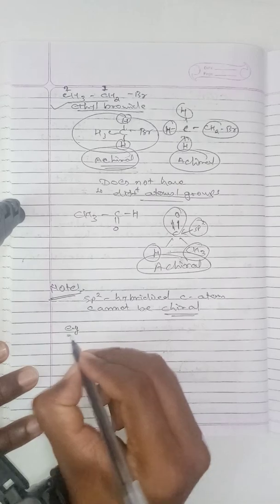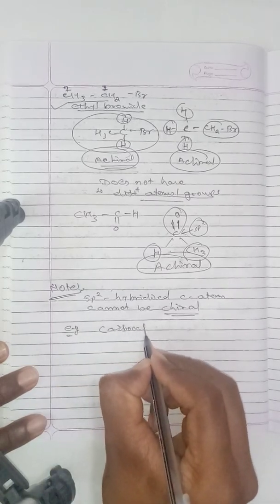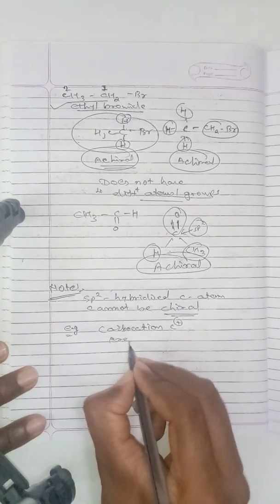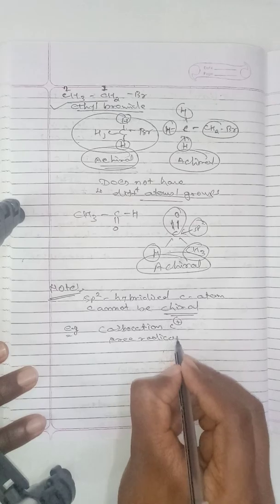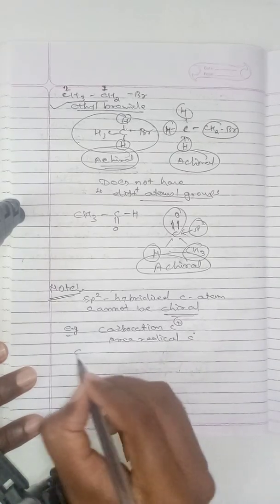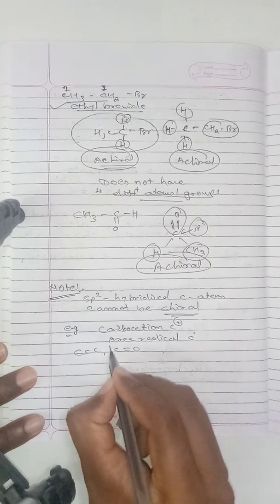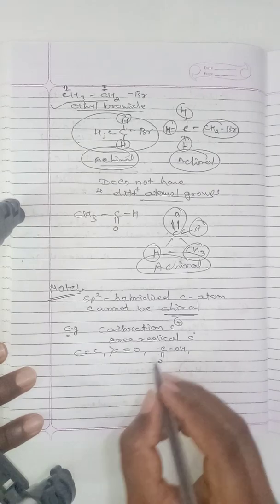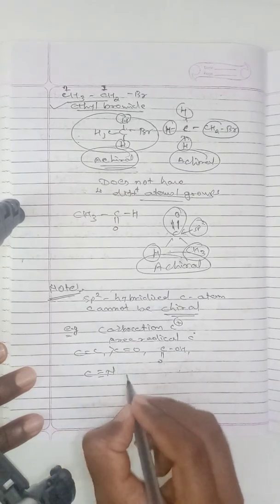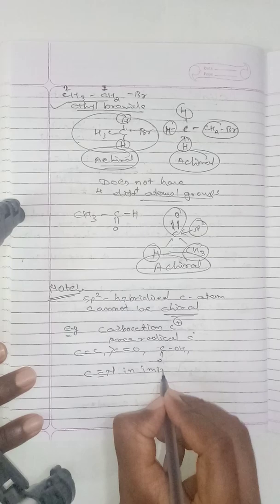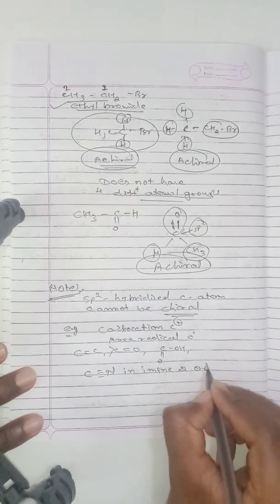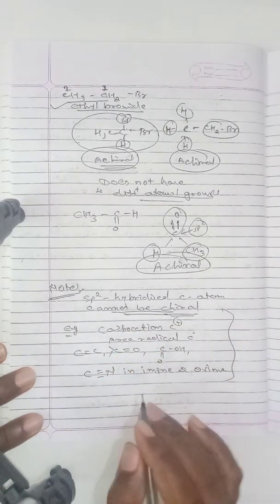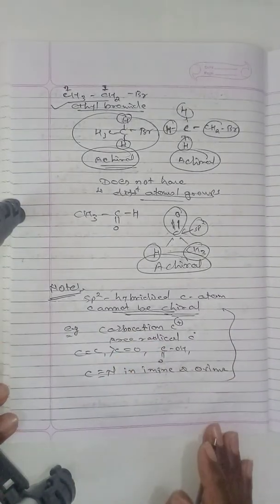Other examples: carbocation, free radical, carbon-carbon double bond, ketone, acid derivative, nitrile, imine and oximes. These all cannot be chiral molecules.